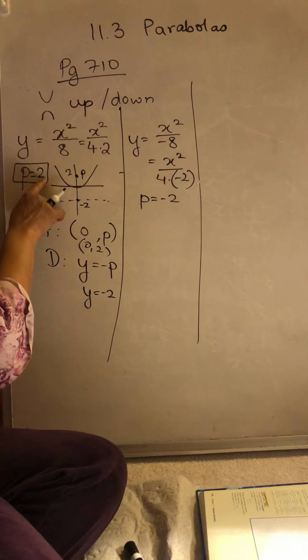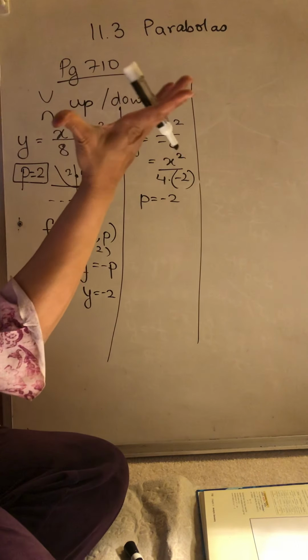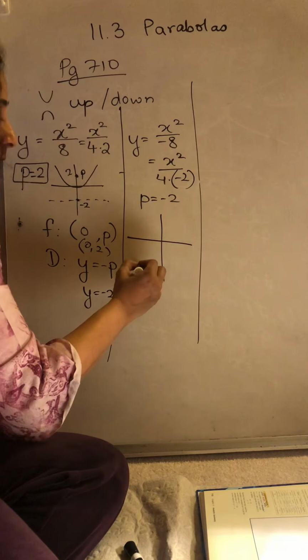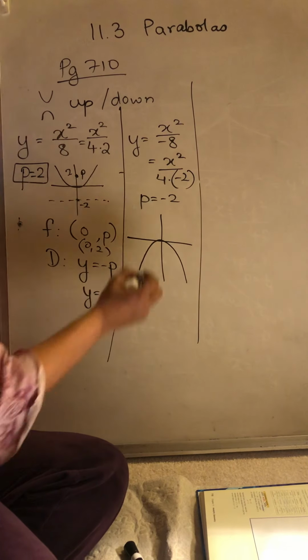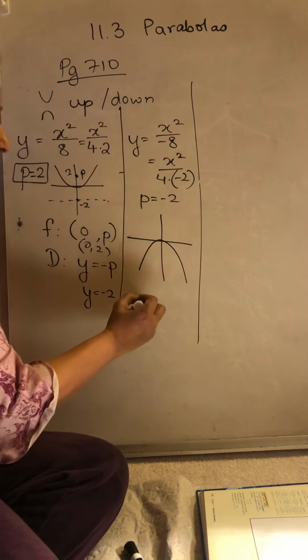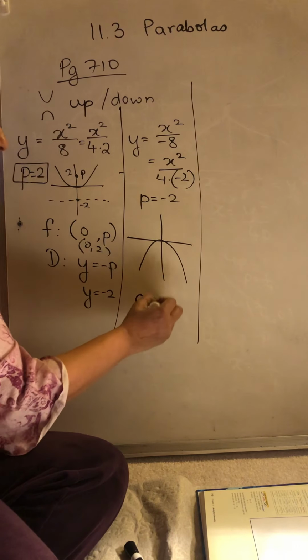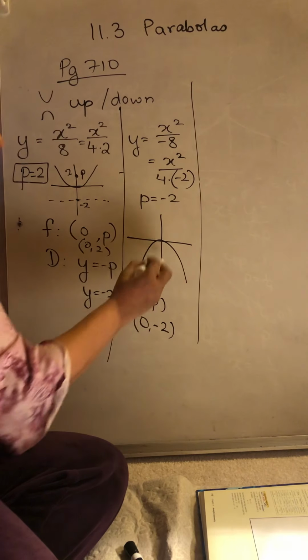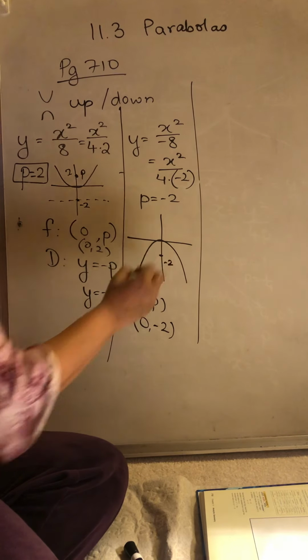Whenever p is positive, I should know my parabola is facing up. Now when I have the equation, I know my parabola is facing down. P gives me the focus. My focus is always 0, p. So this tells me my focus is 0, negative 2.